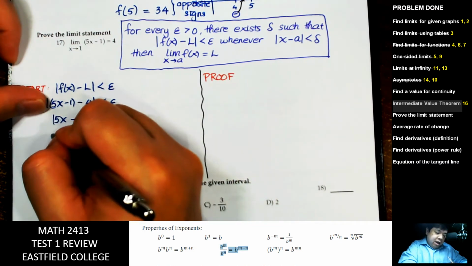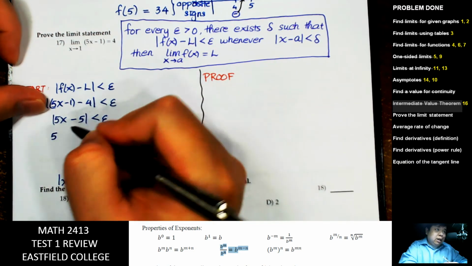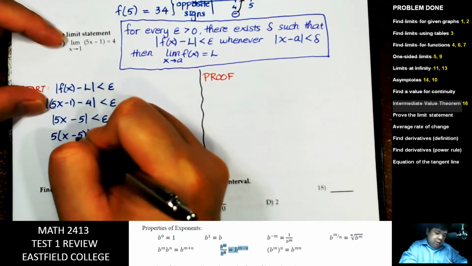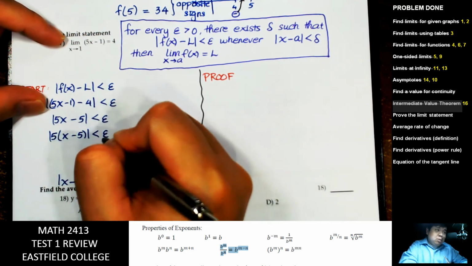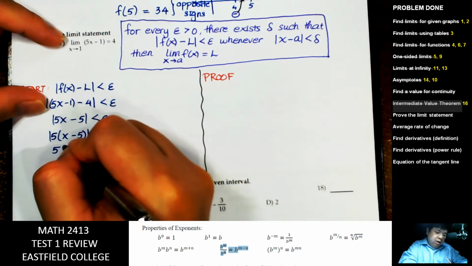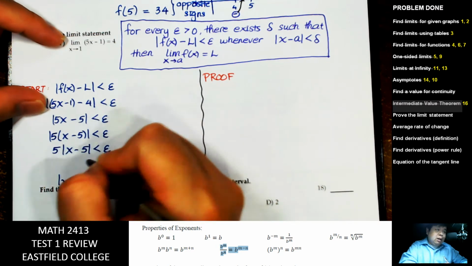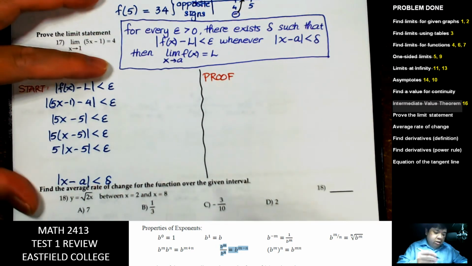and we can factor out the 5, and this is positive, so we just have 5 outside like that, and divide by 5 on both sides.